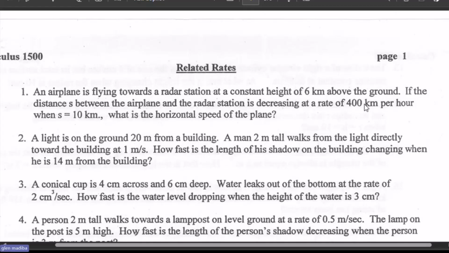Now, please, let's talk. You and I agree that y is equal to 6. Now, the distance is decreasing. That distance, which is S, is decreasing. It is the distance as well as the time, which is measured per hour in this case.